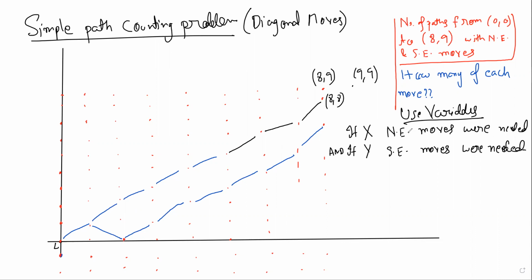The other way to put it is, if x and y respectively northeast and southeast moves are used, then where would you reach? Now this you must be able to answer.